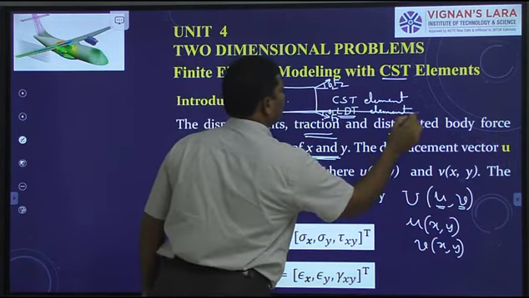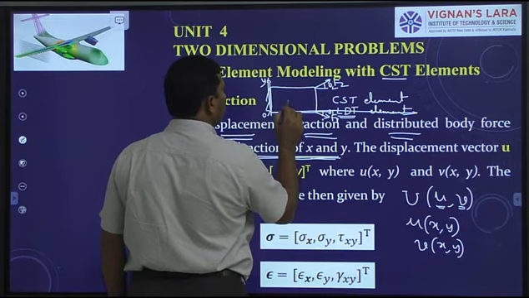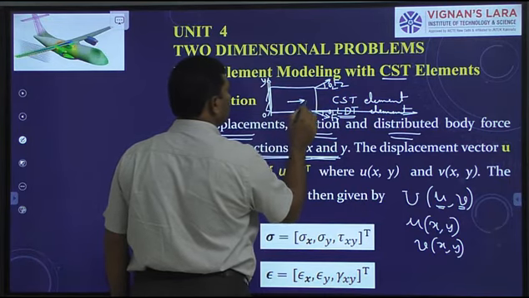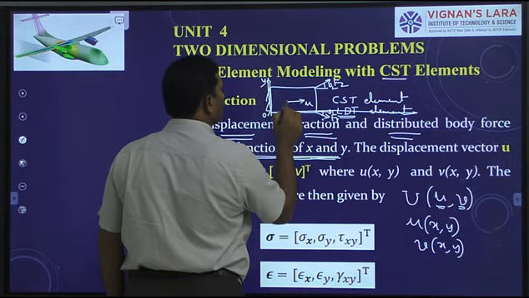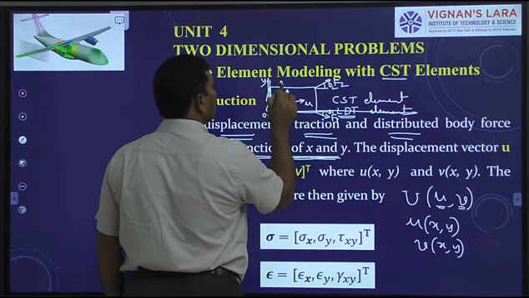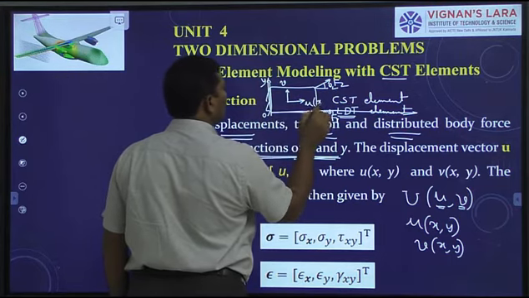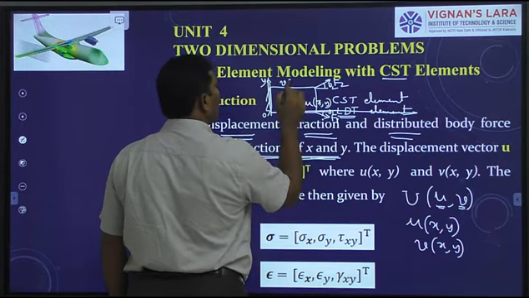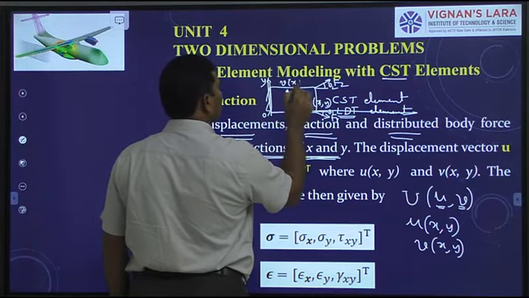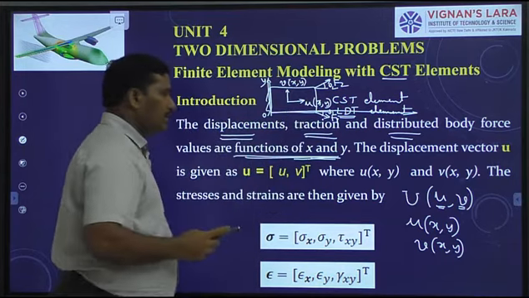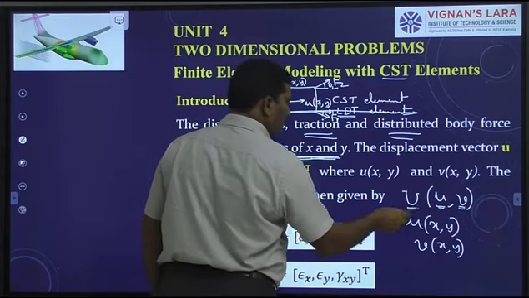Here we consider a reference frame OXY to define the displacement that occurs in the domain. This point has displacements u and v. u takes place in the direction of x-axis and displacement v occurs in the direction of y. u is a function of variables x and y here and v is a function of variables x and y. Here what is capital U?